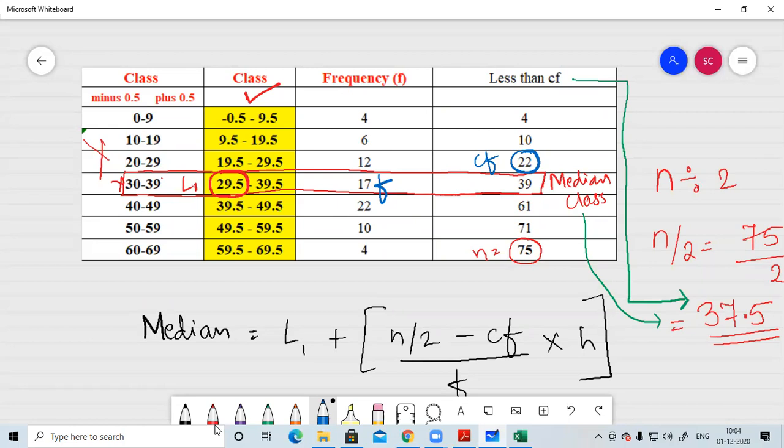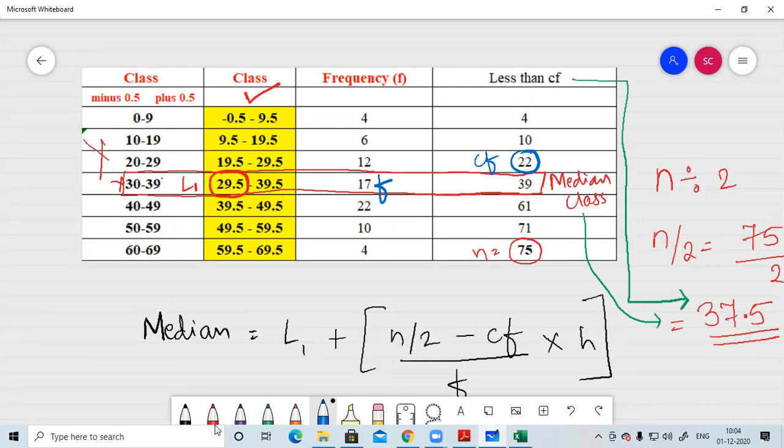Now, as I said, the class interval formula, that is H, is normally upper limit minus lower limit. This is the formula given in the book, and this is right. But in the discontinuous class, 9 minus 0 comes to 9, and 19 minus 10 comes to 9, because it is not made continuous.